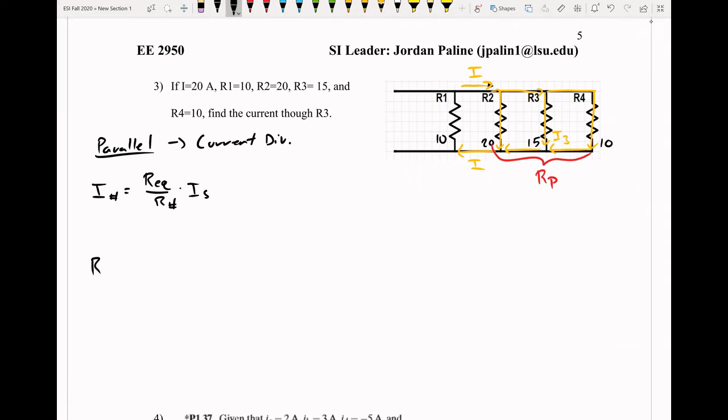So this is going to be our R parallel now. R parallel this time is going to be 1 over 10 plus 1 over 15 plus 1 over 10. And what does that come out to be?